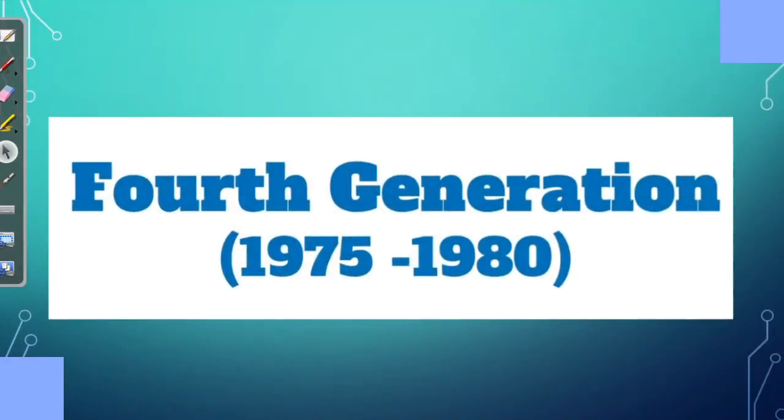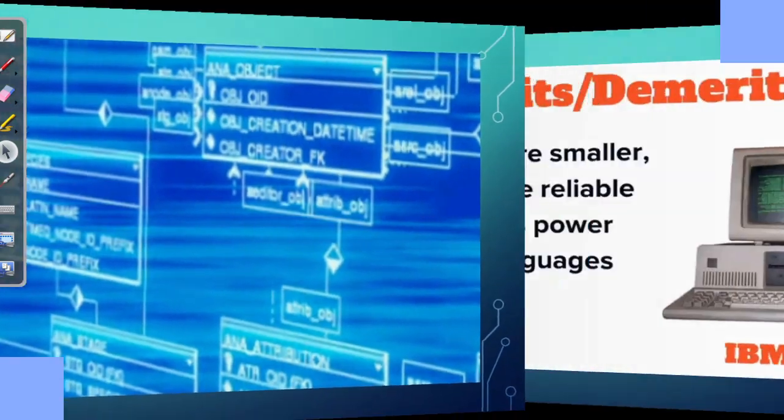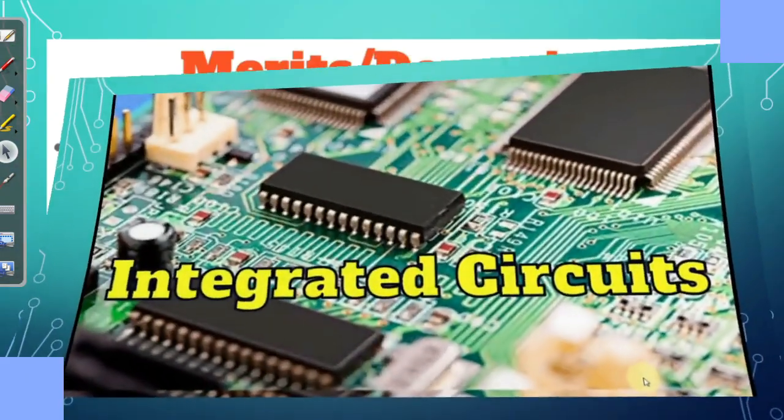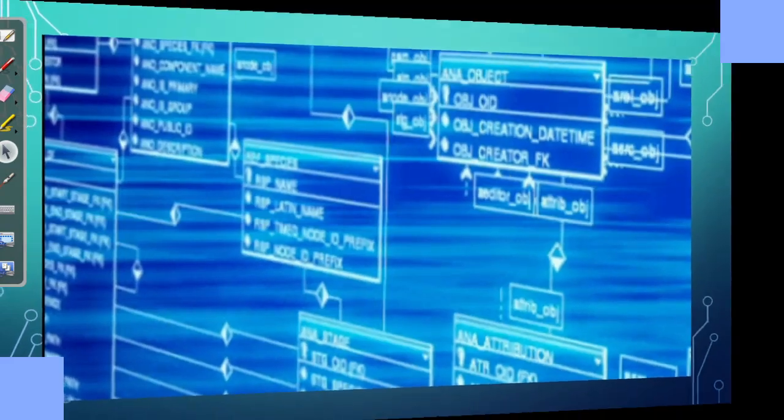Next, moving to the fourth generation, it was developed in the years 1975 to 1980. Here we use VLSI, that is very large scale integrated circuits. In the previous third generation computer you have chip-like code, that is the integrated circuit; here that is on a very large scale.